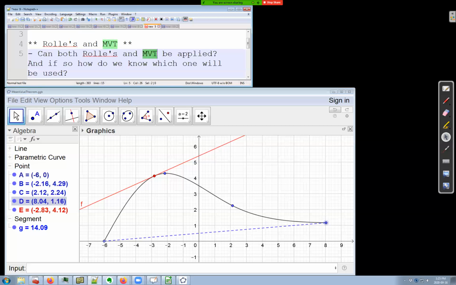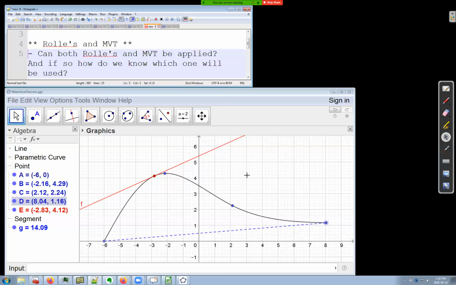The mean value theorem is the same thing as Rolle's theorem, but even better. So in that sense, any problem that you can use Rolle's theorem on, you can also use the mean value theorem on, because the mean value theorem is like Rolle's theorem, but better. Let's look at some pictures to see what that's about.